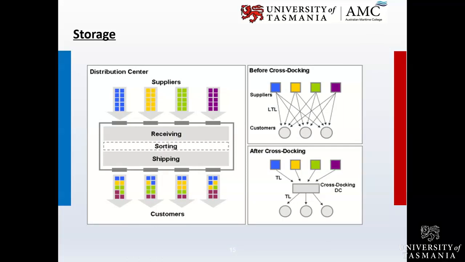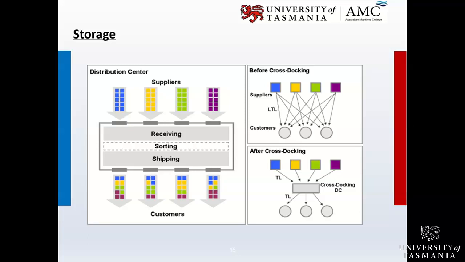We can look at this figure, which shows the function of cross-docking, and we can understand the advantage of cross-docking. Looking at the distribution center, there are 4 suppliers, for example.